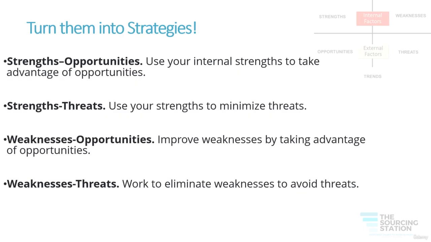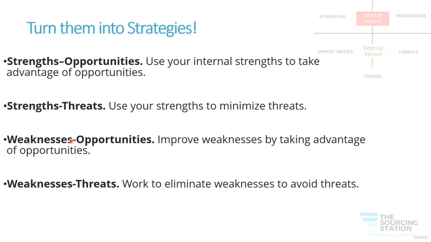Every time we talk about gathering information, we have to make sure the information is useful, right? So make sure you turn all the gathered information into strategies. This is a very straightforward one for you. If you have a strength, use your strength to increase your opportunities. Use your strength to reduce the threats that you have to minimize the risk.